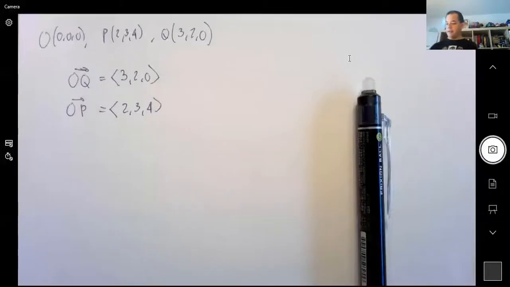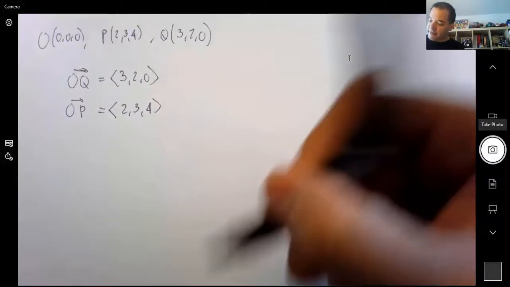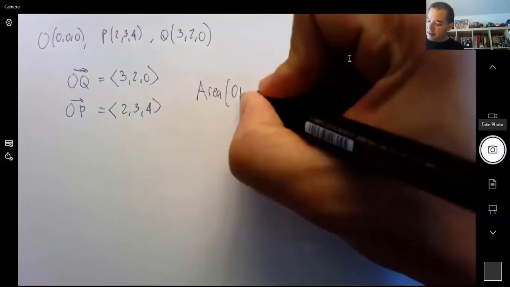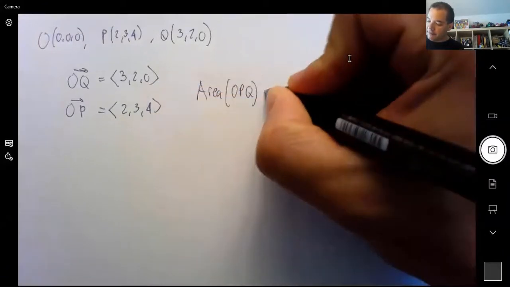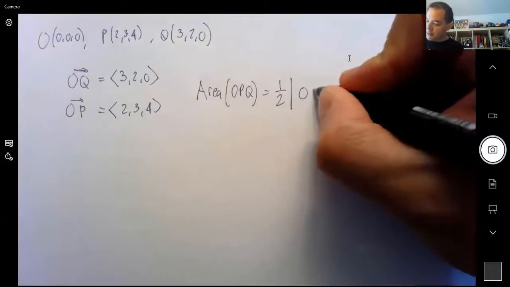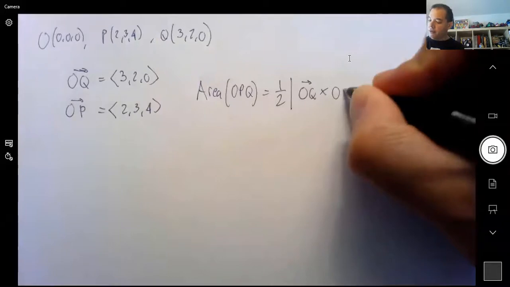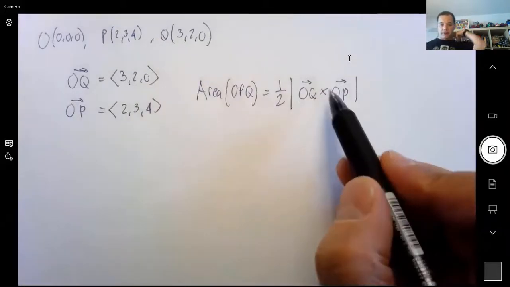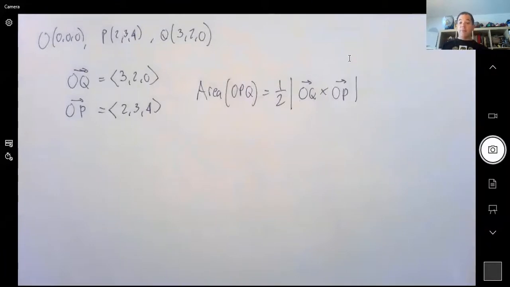That's our plan. So we know that the area of OPQ is 1/2 the cross product of OQ with OP. Now, should I do OQ times OP or OP times OQ? Does it matter? Because remember, cross product matters, right? If you do the opposite one, you don't get the same thing.